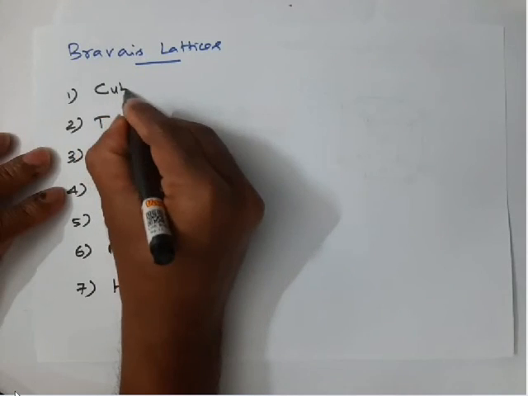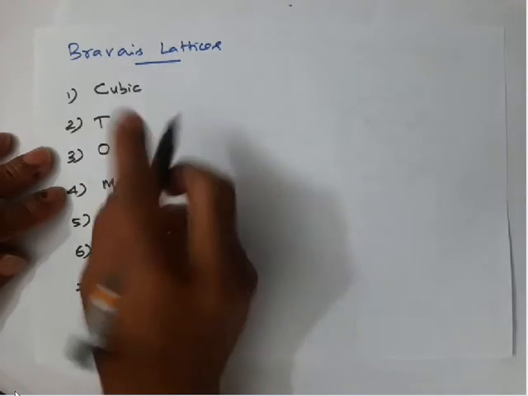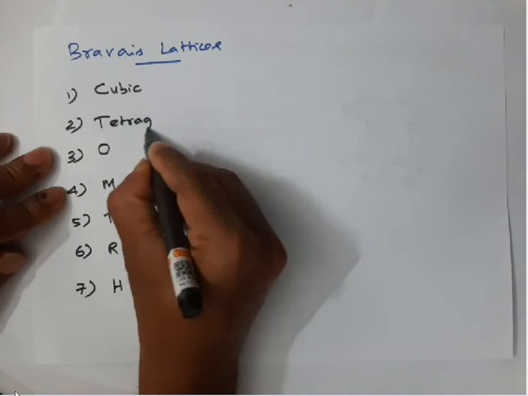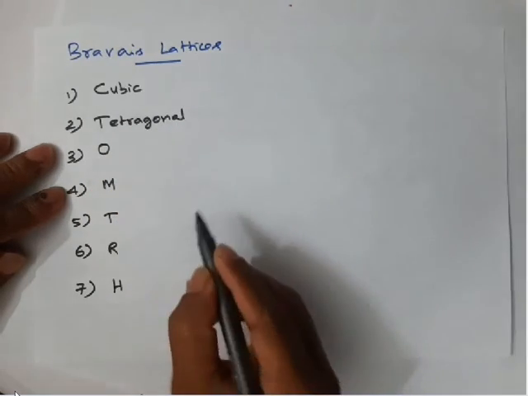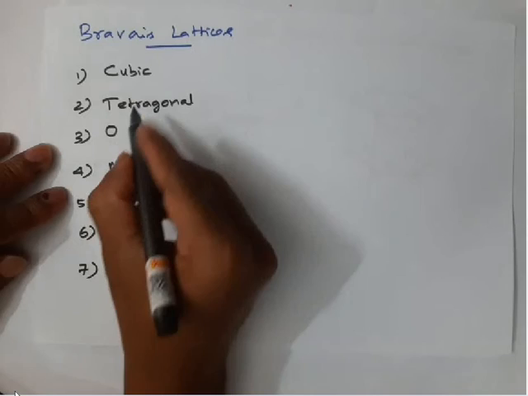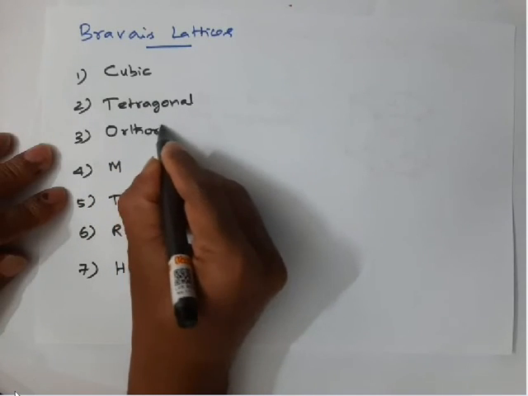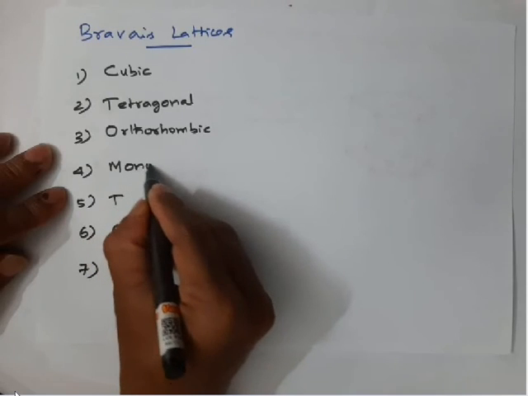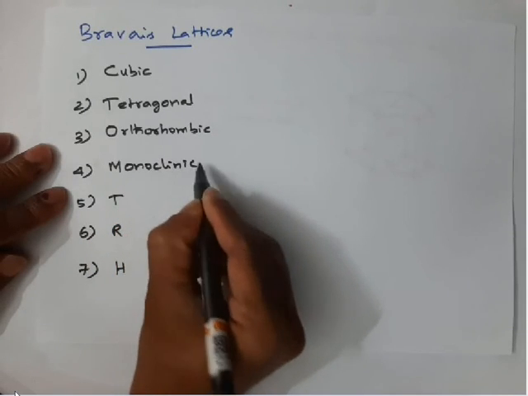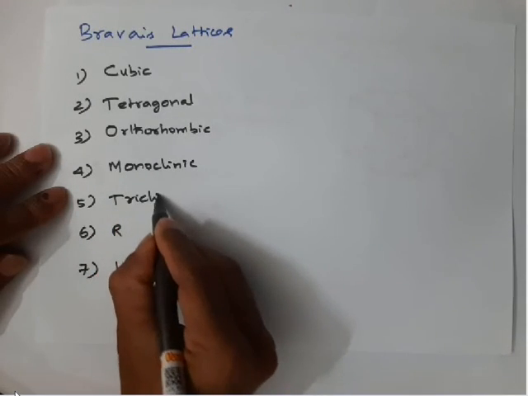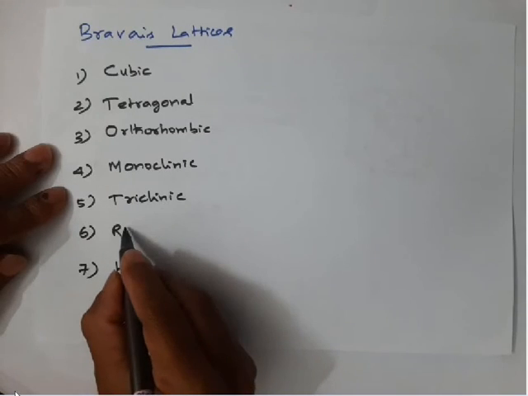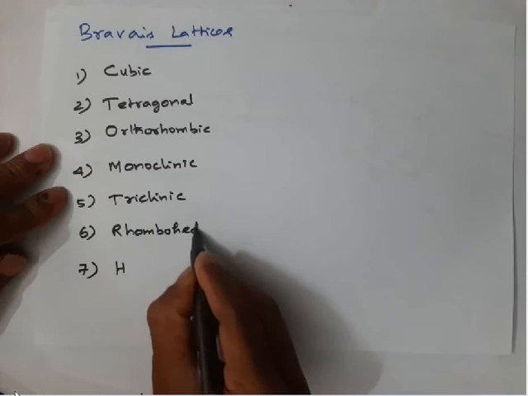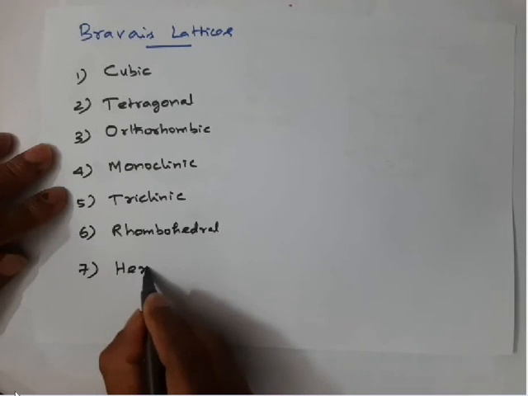Cubic crystals, then tetragonal crystals, then orthorhombic crystals, then monoclinic crystals, then triclinic, then rhombohedral, then hexagonal crystals.